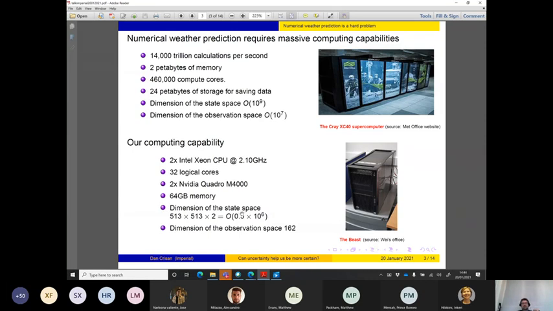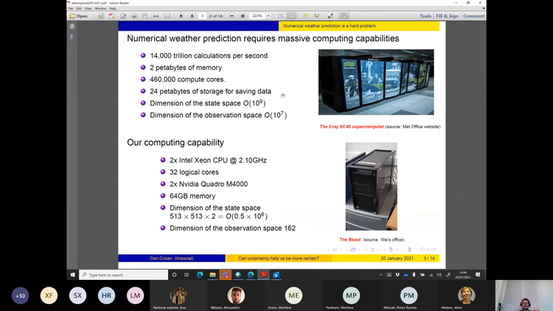We did do numerical simulations and solved systems that didn't have 10 to the power 9 dimensions, but they did come close to 10 to the power 6 dimensions. So three orders of magnitude lower, just by using a single server station.